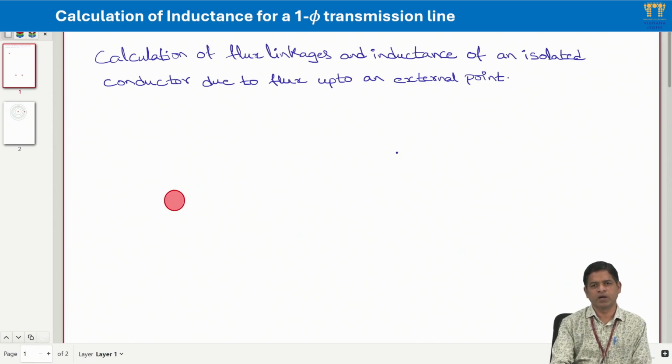So let us say that we want to calculate flux linkages to some point P, which is at a distance d meters from the center of the conductor. Let this distance be some d meters, and let r be the radius of the conductor.